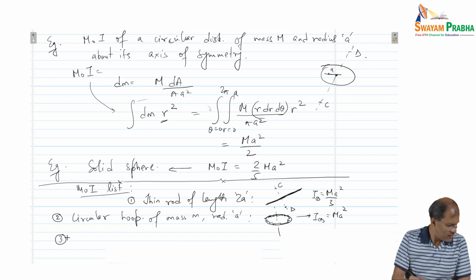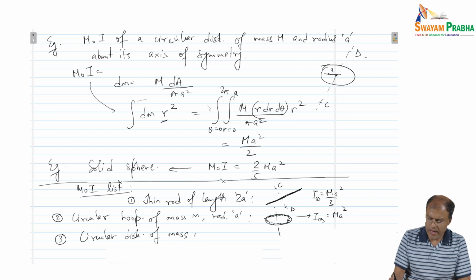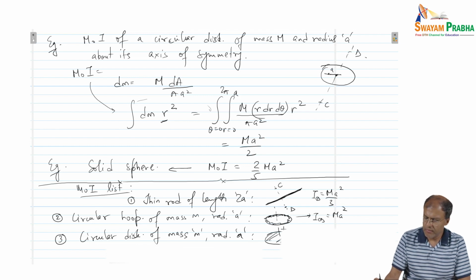Then similarly, suppose we have a circular disc of mass m and radius a, and we see that the answer again along the regular axis of symmetry is I_CD is half m a square, right?